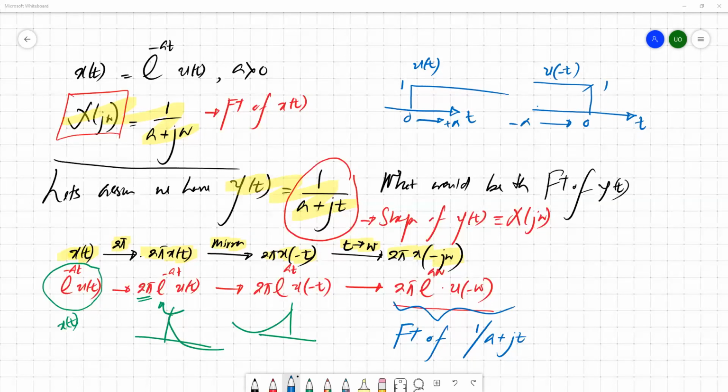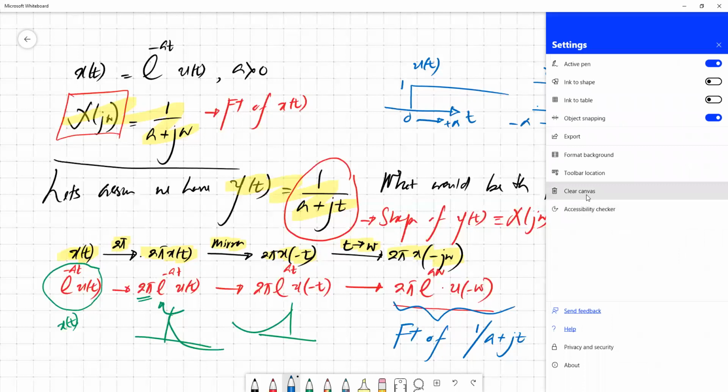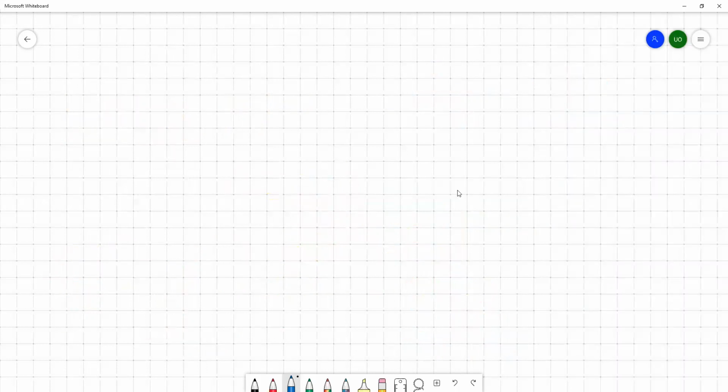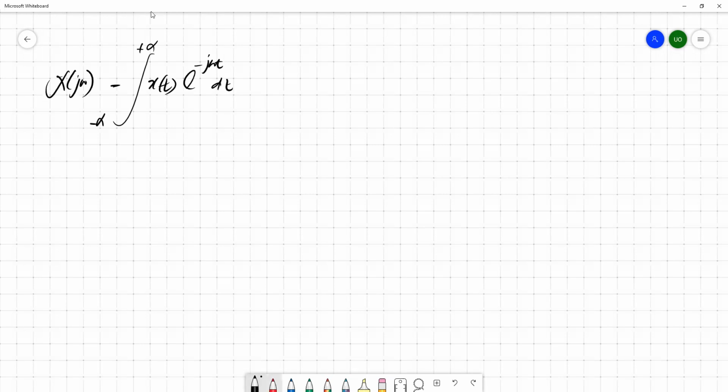So hope it's clear. Okay, let's move to the next slide. It basically covers the Fourier transform properties. Because if we want to go deeper and analyze the Fourier transform, you have to solve this integral.